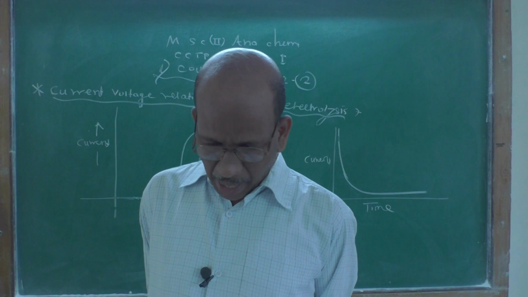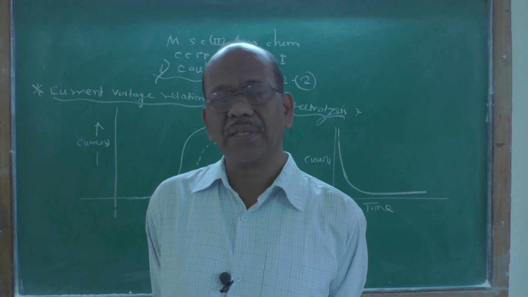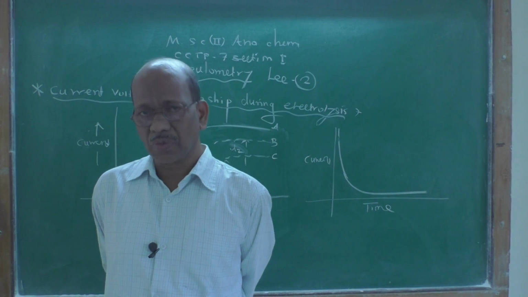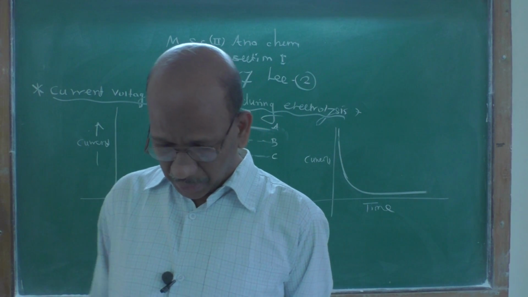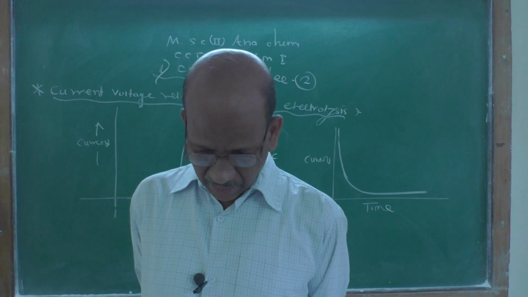So why select the value? If the current is less, then we never get 100% efficiency. So we select the current in such a way that we get 100% efficiency.